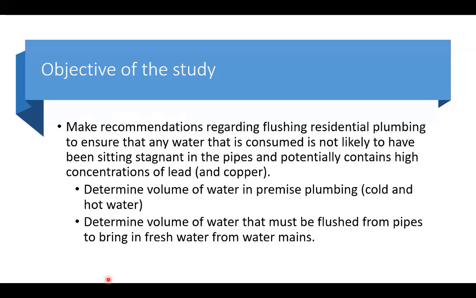Now, obviously, we can't measure lead and copper right now, but we are going to do our best to come up with some recommendations. So what you will be doing is determining the volume of water in the premise plumbing. You'll look at both hot and cold water, and then you'll determine the volume of water that needs to be flushed from the pipes in order to bring in water from the water main.